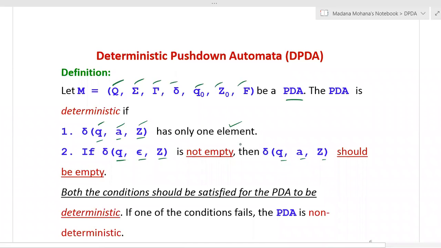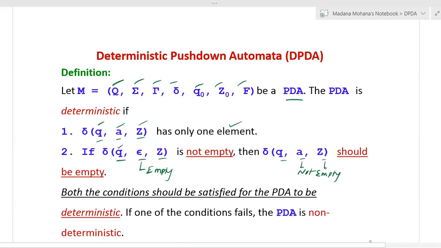Here you can observe the relation between these two conditions. The first is with a state Q where the input is empty. Here your input is not empty, the input is there.